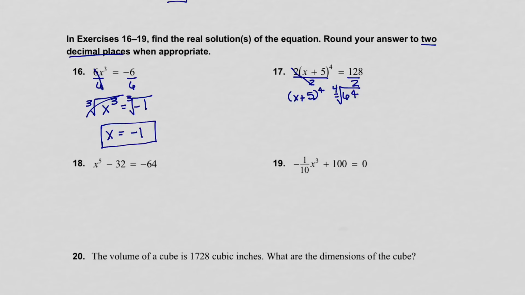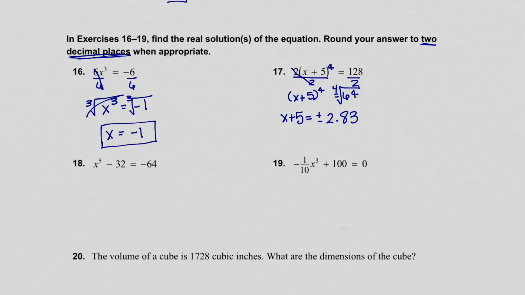So if I plug that into the calculator, my decimal is going to end up being, I've got x plus 5 on the left-hand side still, and on the right-hand side, I've got 2.83 because we're rounding to 2 decimal places. But it's not just that, we have to remember this was an even exponent, and it was bigger than 0. We've got plus or minus. That gives us 2 answers.